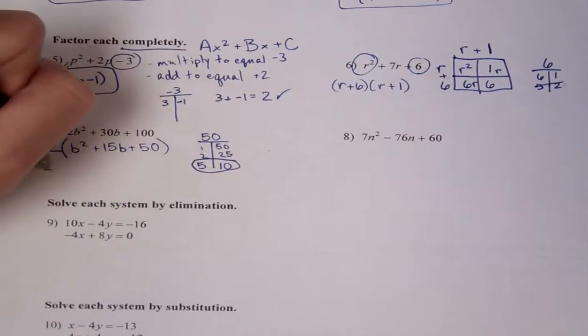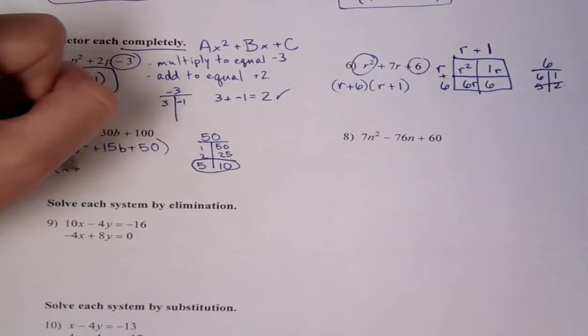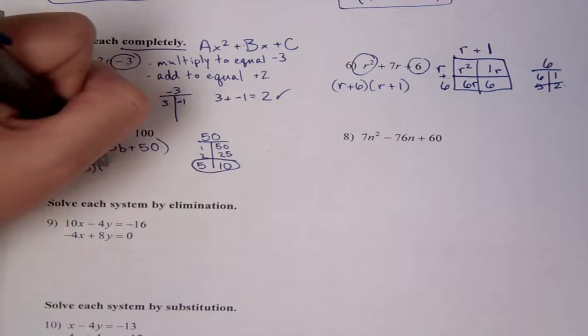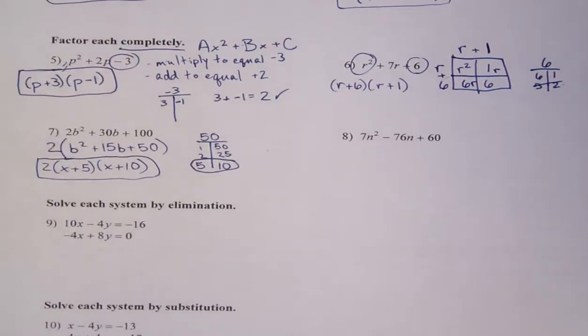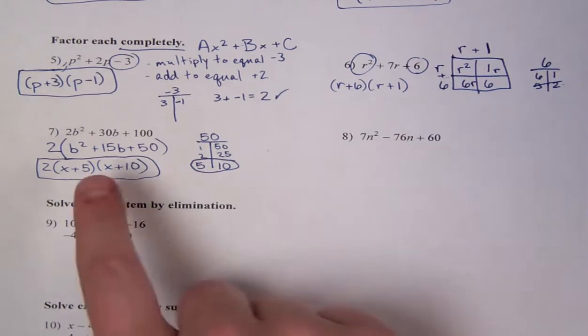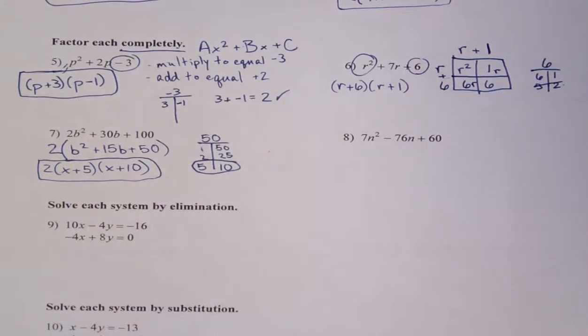So great. Now we have what we need. b plus 5 and b plus 10. And that is what it should look like. And that just makes things a lot easier when you go ahead and pull out any numbers that you can before you start to factor.